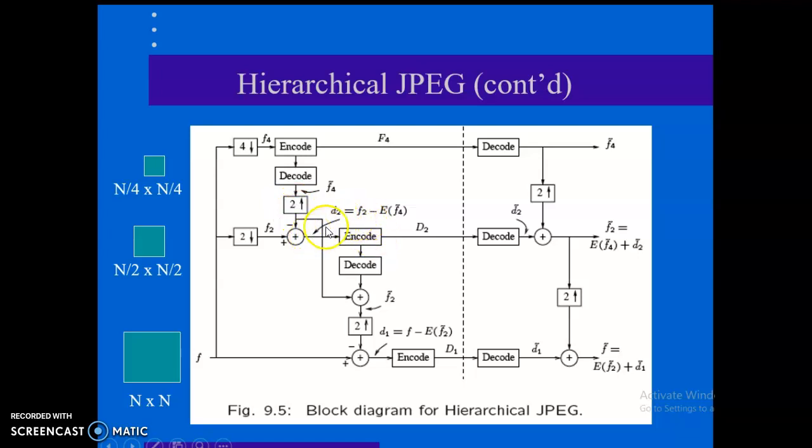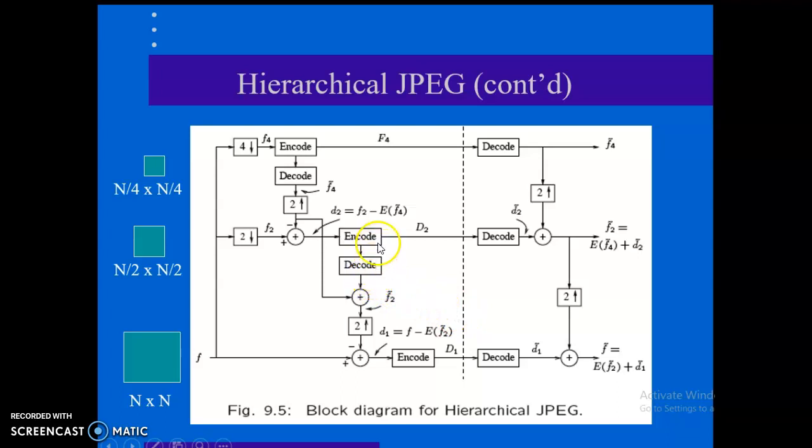Here d2 equals f2 minus the up-sampled f4 approximation. Here d2 is given to decode, given to summation, d2 approximation. f2 approximation equals up of f4 approximation plus d2 approximation.